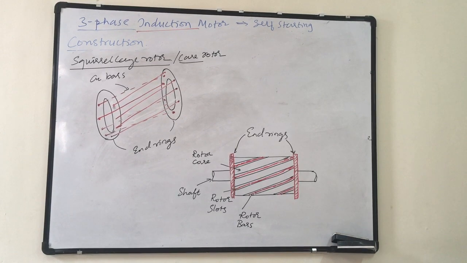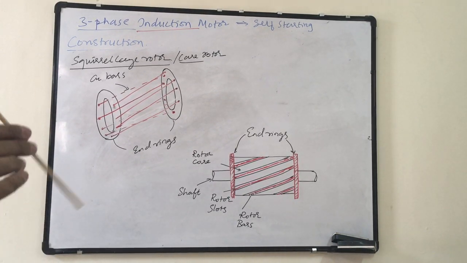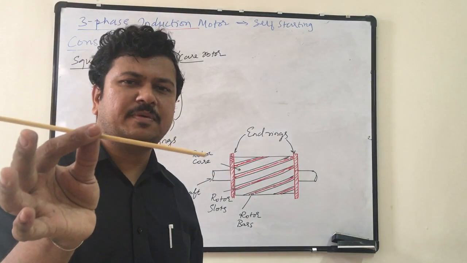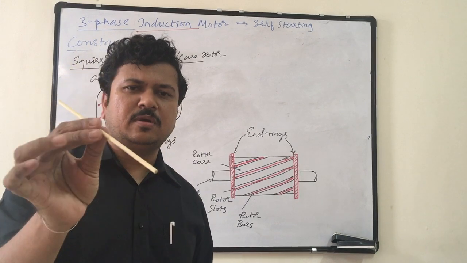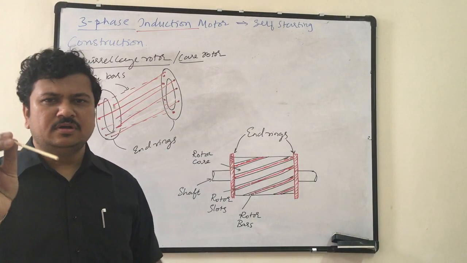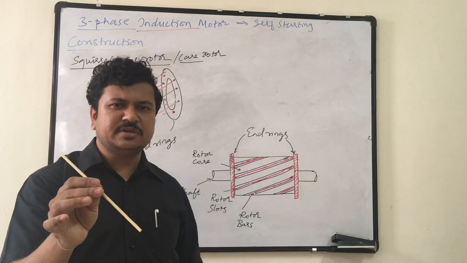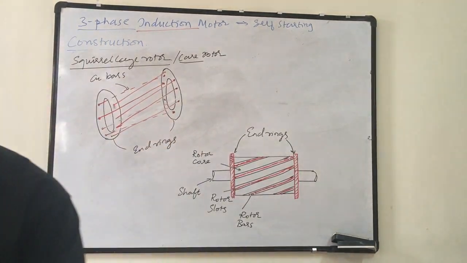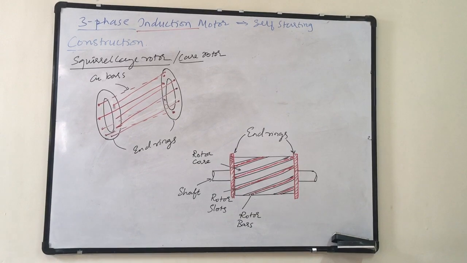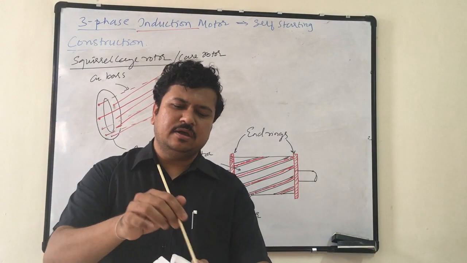Disadvantage, it has got low starting torque. Because of thick copper bars, the resistance of the copper bar is much less than the resistance of the winding. Per slot, only one copper bar. So the resistance per slot is only the resistance of this bar. But whereas in the case of slip ring motor, so many conductors I have.